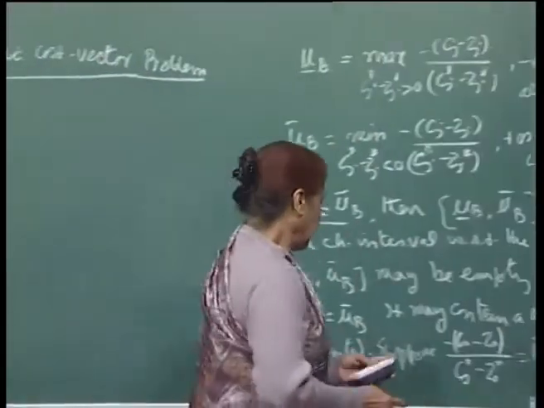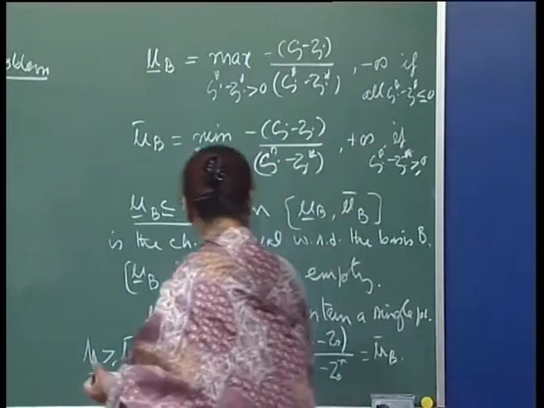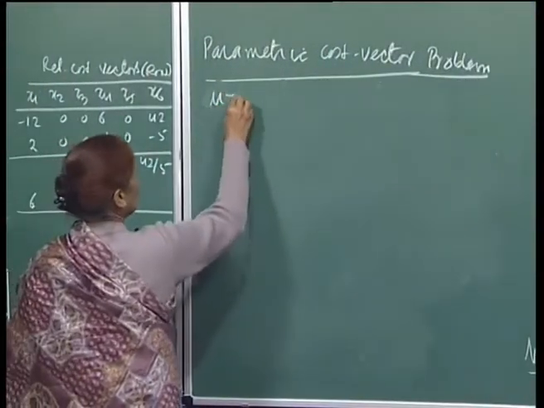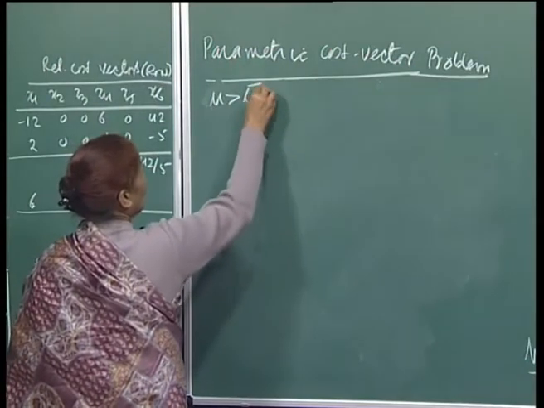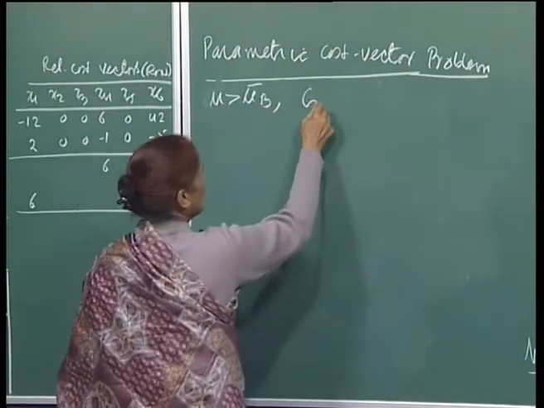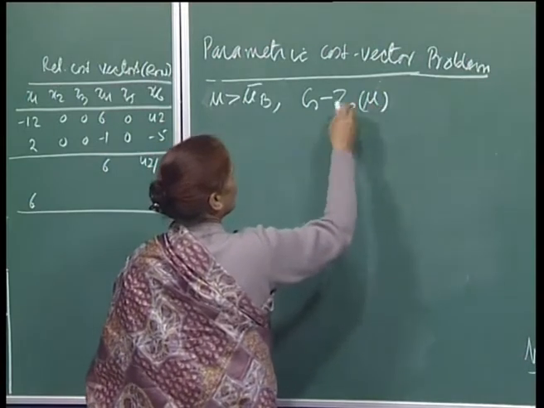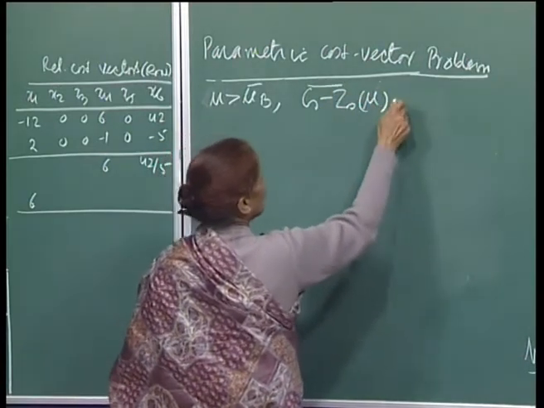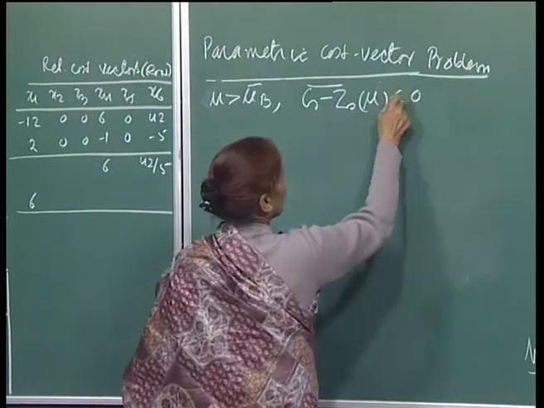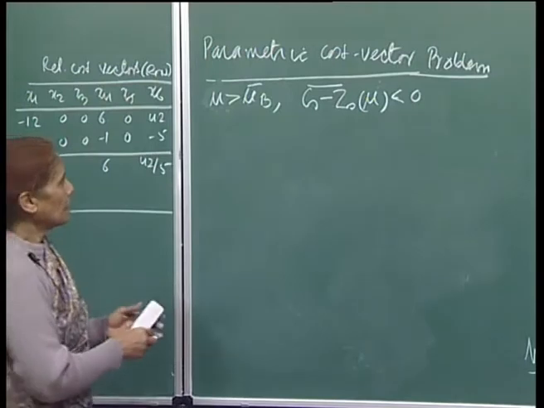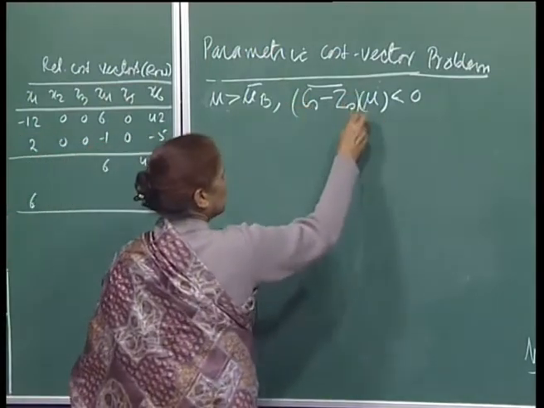So you find out this thing and you can immediately see that your relative price, so for mu greater than mu upper bar b, your Cs minus Zs mu, this relative price is less than 0. As soon as mu is greater than mu upper bar b, this number will become less than 0.